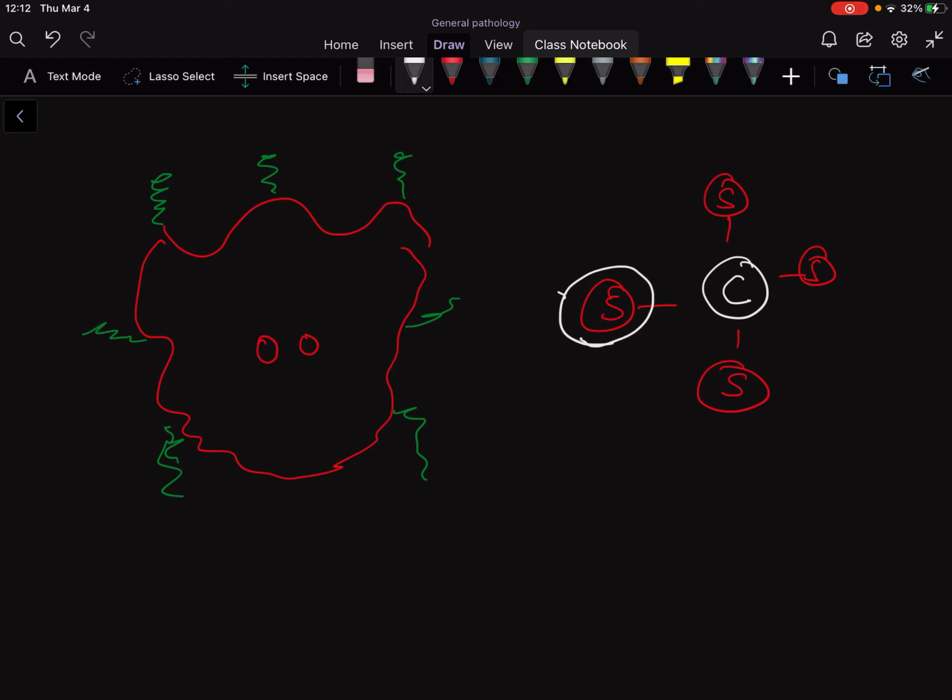They will eat this little part, like the spike proteins or different types of proteins present on coronavirus. Once they eat these spike proteins, they will digest them, and after digestion they will present these spike proteins on their surface.